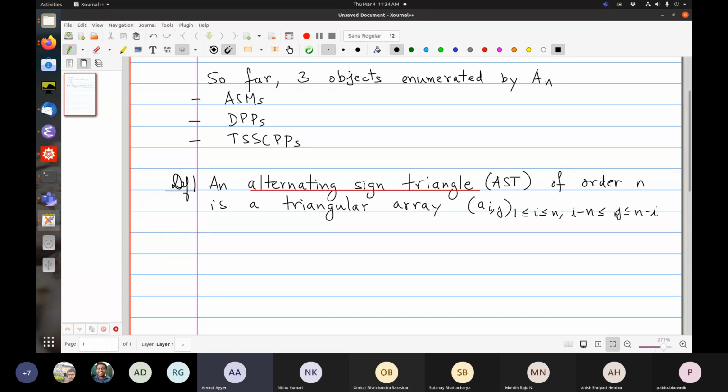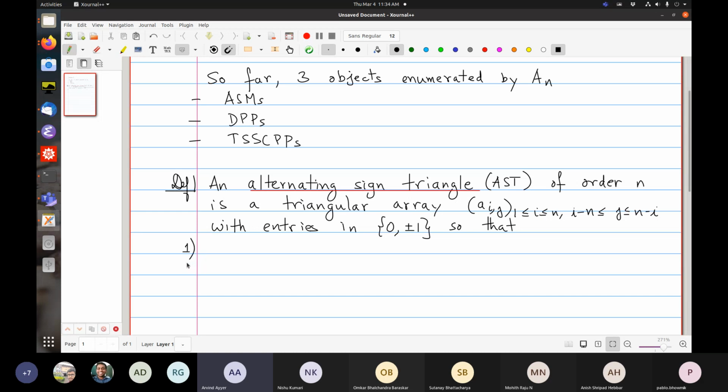Then the length of each row is actually going to be odd, and you'll see an example in a minute. With entries in 0, plus or minus 1, such that the following three conditions are satisfied.